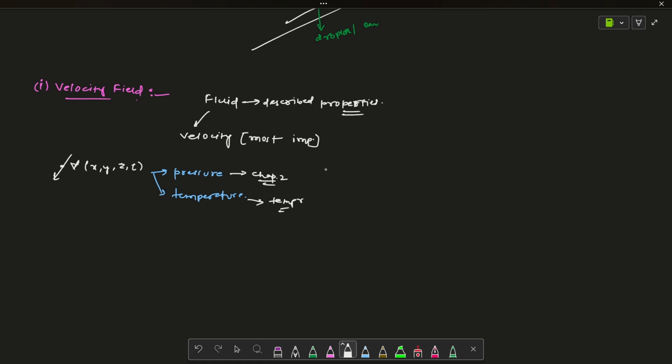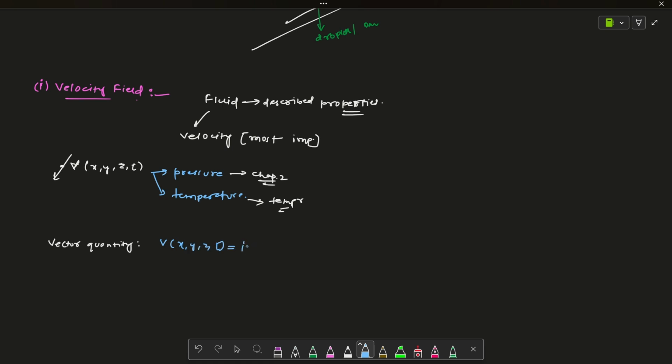Now, as you know, velocity is a vector quantity, so it can be written as a function of x, y, z and t.